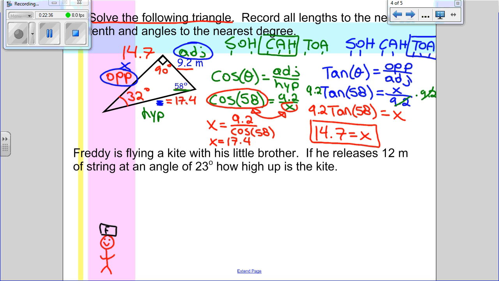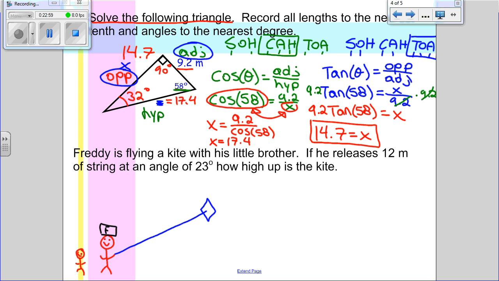These guys are flying the kite. So they've got a kite on a string. It goes out. And it's a nice diamond kite. Really nice kite. And the question asks us, how high is the kite?